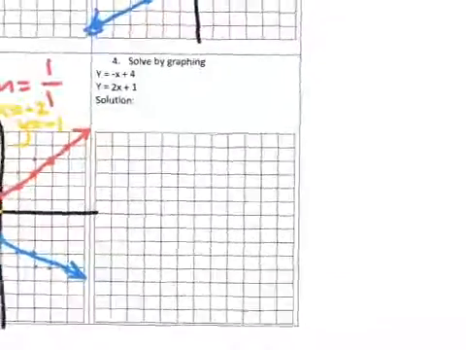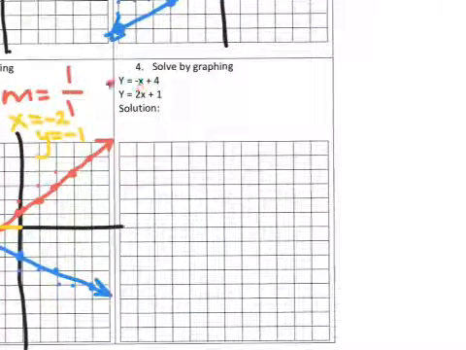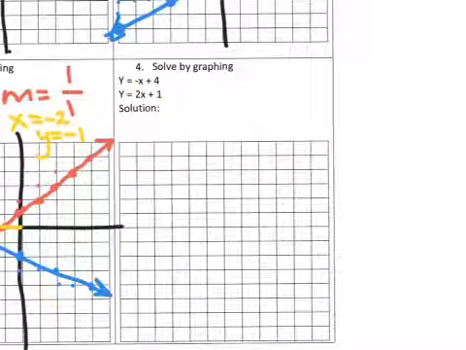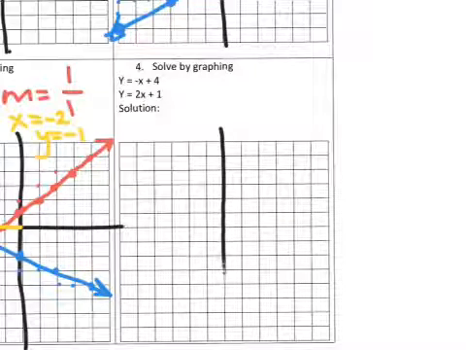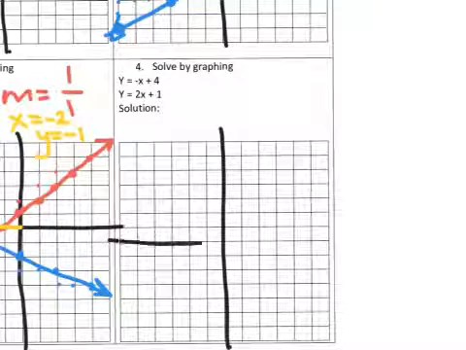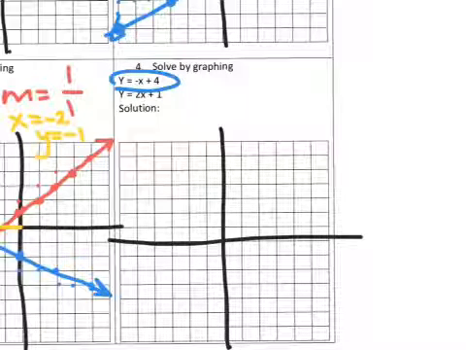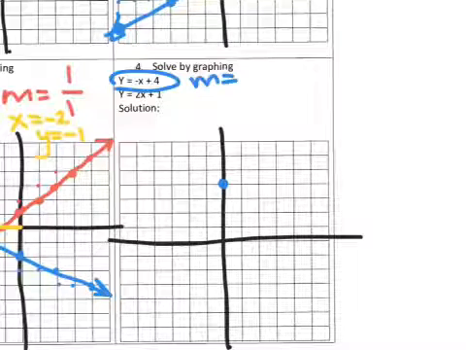All right, so last step before the now you try. We have a slope of -1 and y-intercept of 4, and a slope of 2 and a y-intercept of 1. So, set up our axes, nice and neat. We're going to start at y-intercept of 4 for this, and then our slope is -1, so I'm going to write that as -1 over 1.